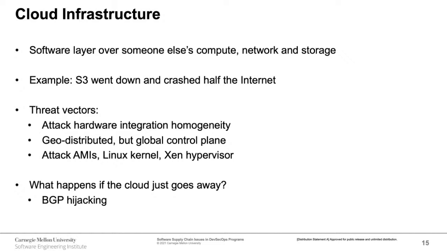You could see it in the kernel, you could see it as software that's on that AMI, or you could see it potentially in the hypervisor. A lot of this stuff would be transparent to you, right? It might happen before you were even aware of it. And we'll touch on the importance of monitoring in a little bit. And then, I've already touched on this once, but what happens if it just goes away? This is just a callback to the earlier BGP hijacking issue that Aaron mentioned.